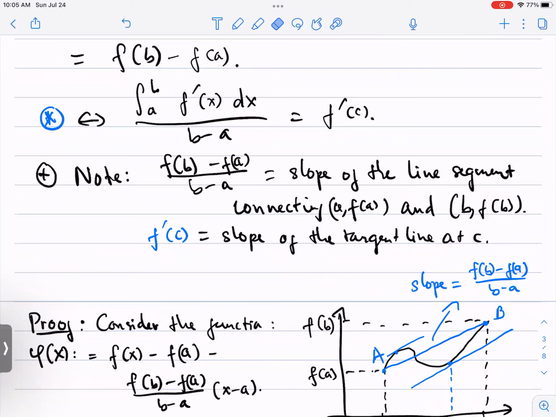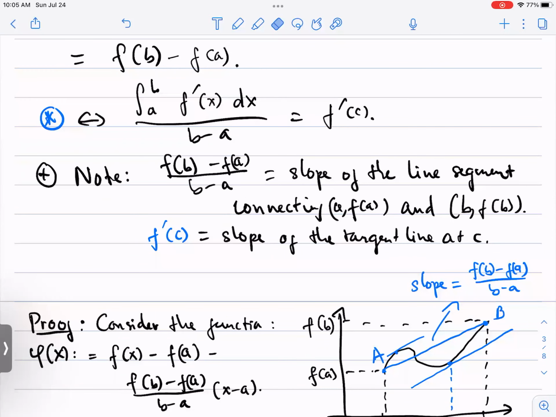Now, another geometric interpretation of the mean value theorem is as follows. We recall that the quotient (f(b) minus f(a)) divided by (b minus a) is essentially the slope of the line segment connecting these points (a, f(a)) and (b, f(b)).